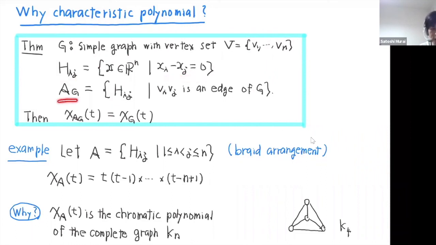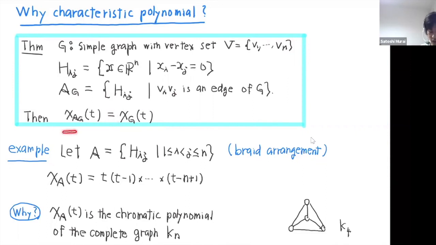Let H_G be the hyperplane arrangement whose elements are the Hij such that ViVj is an edge of the graph G. Then it is known that the characteristic polynomial of the arrangement is equal to the chromatic polynomial of the graph.